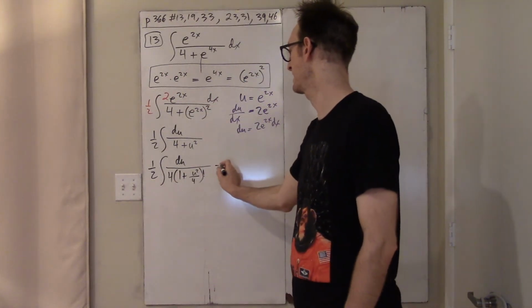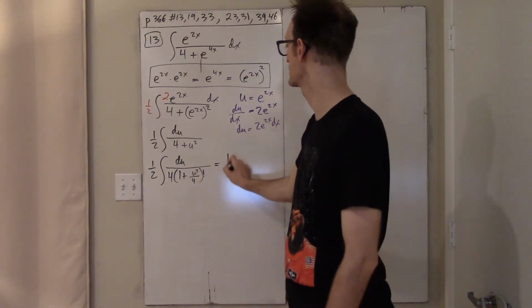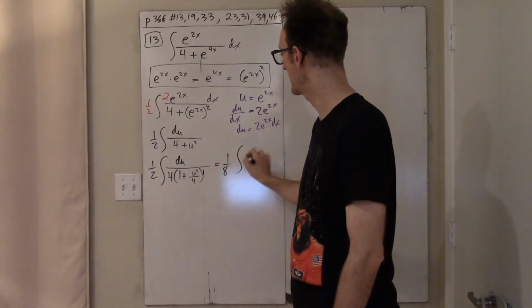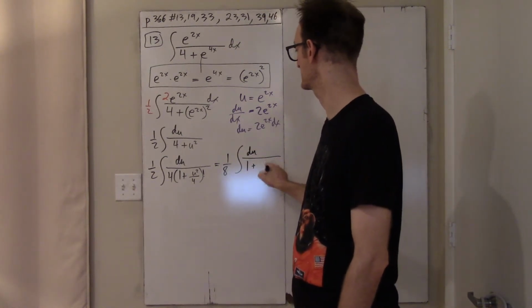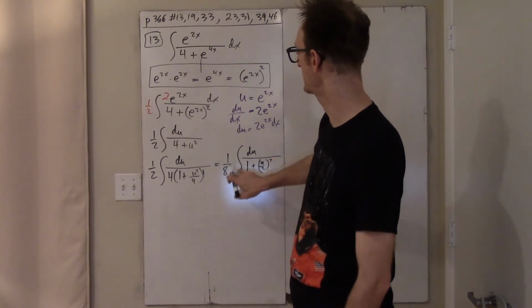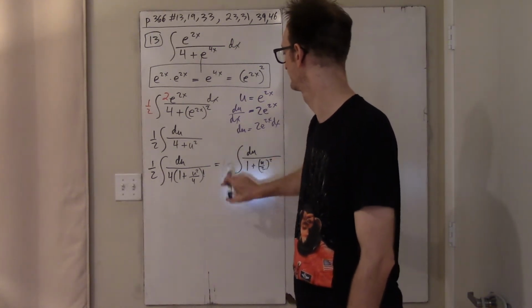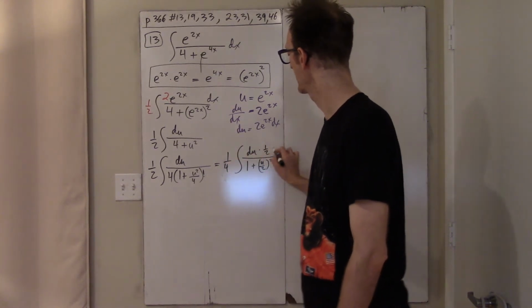And then let's just take the 4 out entirely, so that becomes 1/8 du over 1 plus u over 2. I changed my mind. Let's take some of the 4 out, but let's put some of it back in.